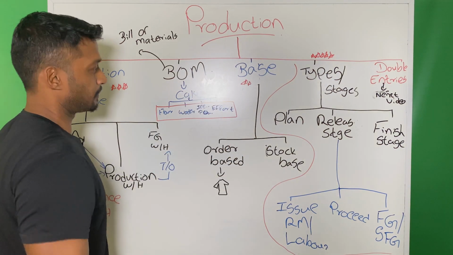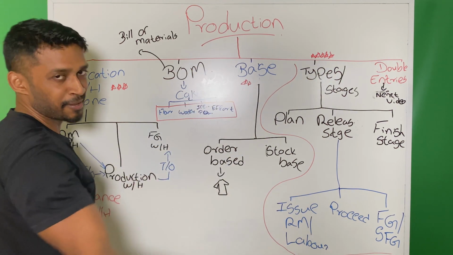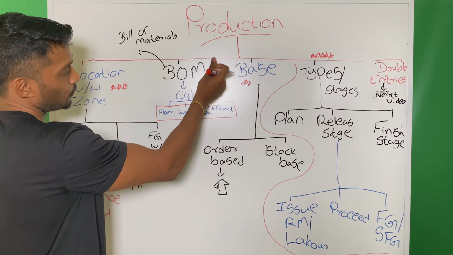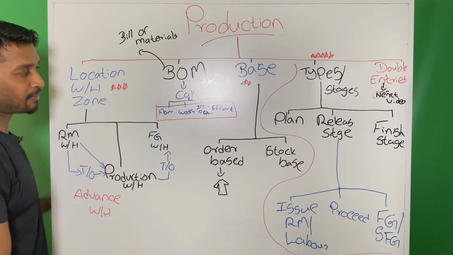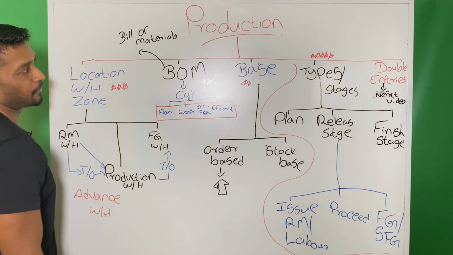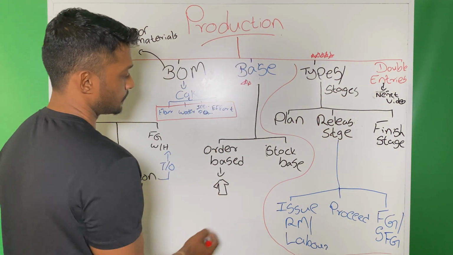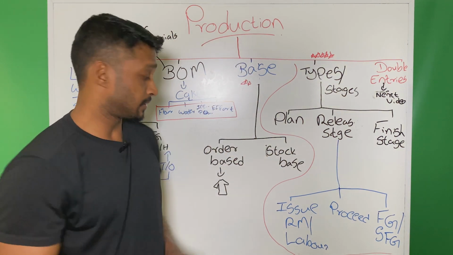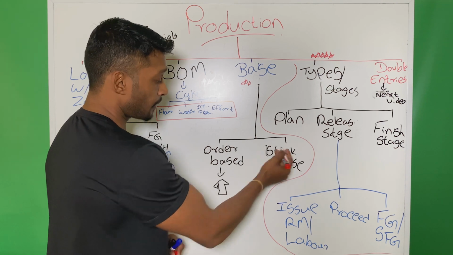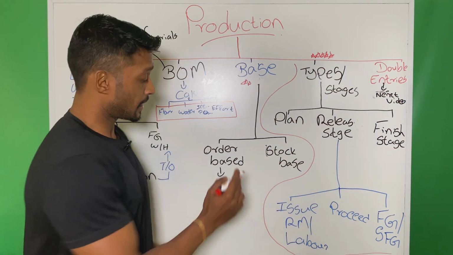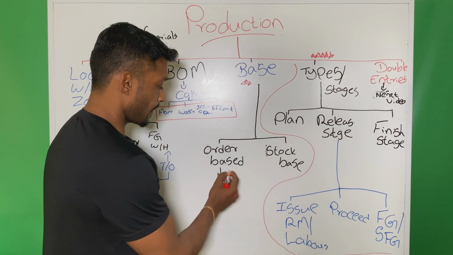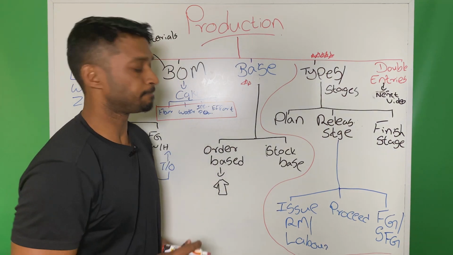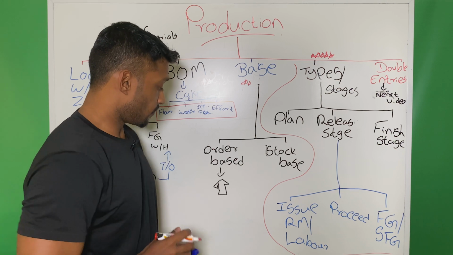BOMs are very simple. Not only Dynamics, every system must have a BOM option if you are implementing a production process, whether order based or stock based. For order based and stock based, Dynamics 365 Business Central has a special feature called worksheets.